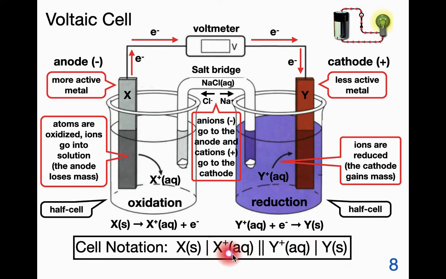All the ions are aqueous, all the metals are solid. So the oxidation half on the left, the reduction half on the right. Now in your homework, this is what I'll give you, a chemical cell, or the cell notation, and ask you to diagram a voltaic cell based upon that.